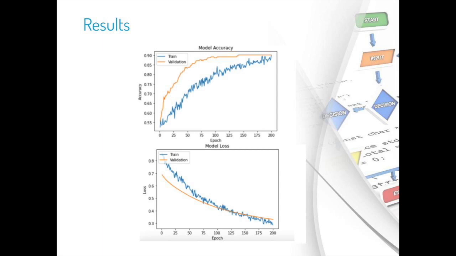Afterwards, we compiled our data with Adam Optimizer and binary cross entropy as our loss function, since our output is either 1, fallen, or 0, not fallen. Finally, when we fitted the model, we set our epochs to 200.